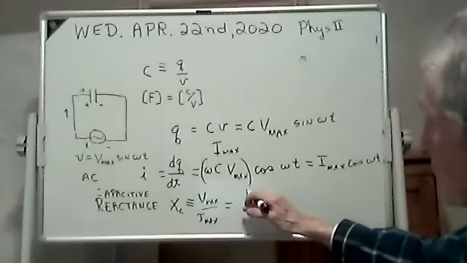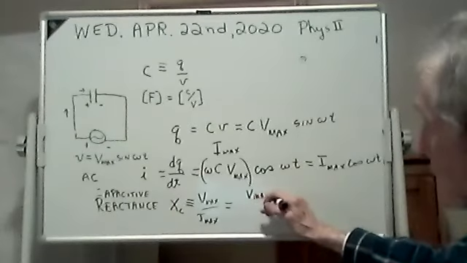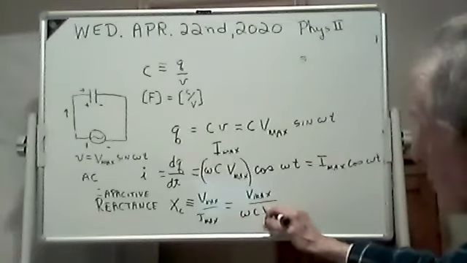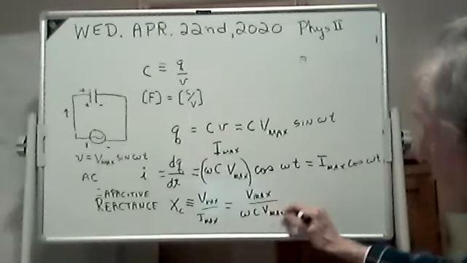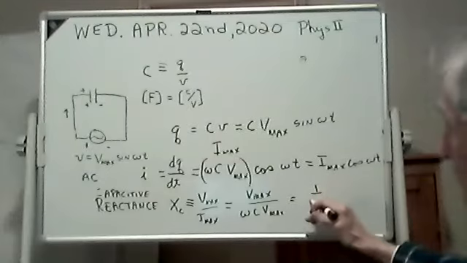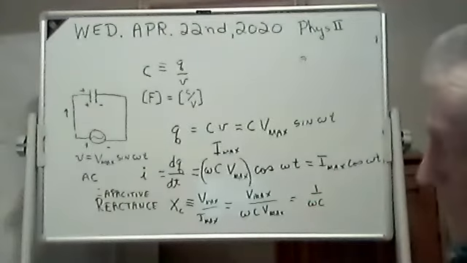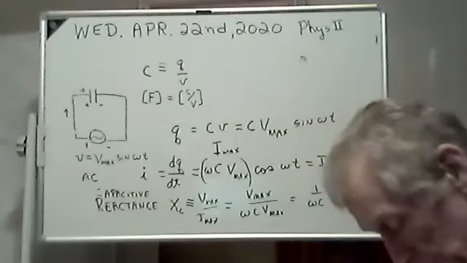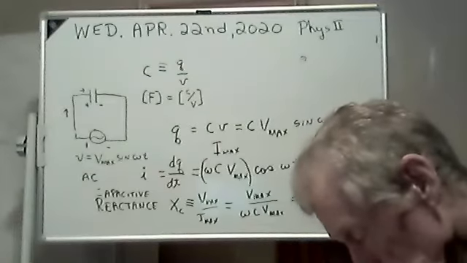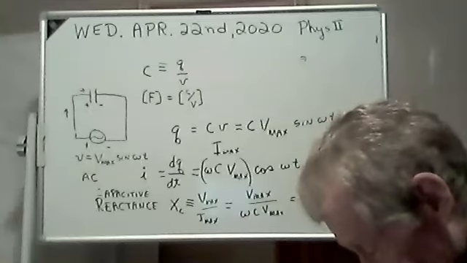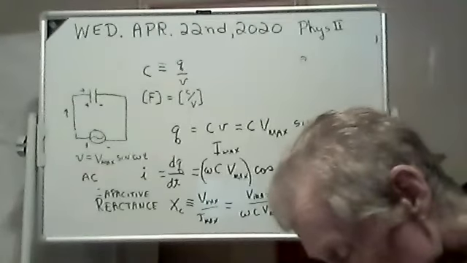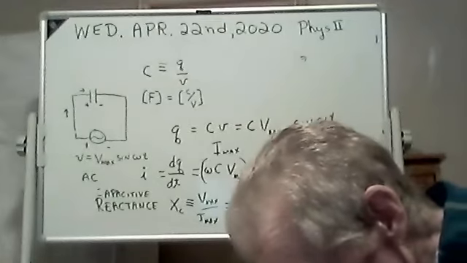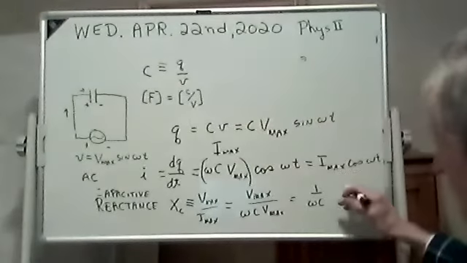We get Vmax divided by omega C Vmax. You know what I get? I get 1 over omega C. We have just found the reactance of a capacitor. And that's in your book, I'm sure. And there it is. I see it. It's on page 674 in my book.